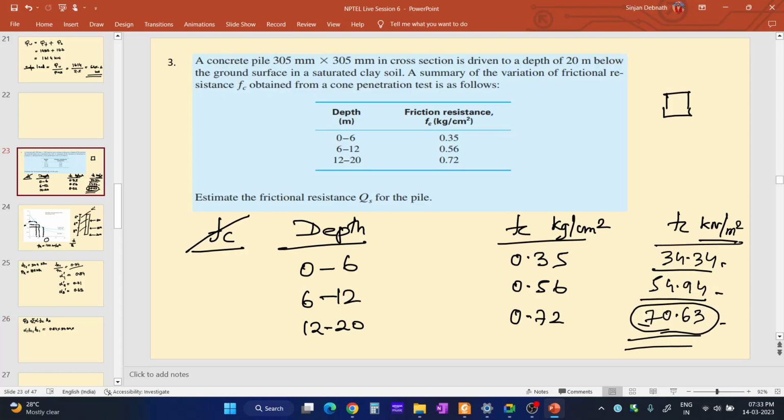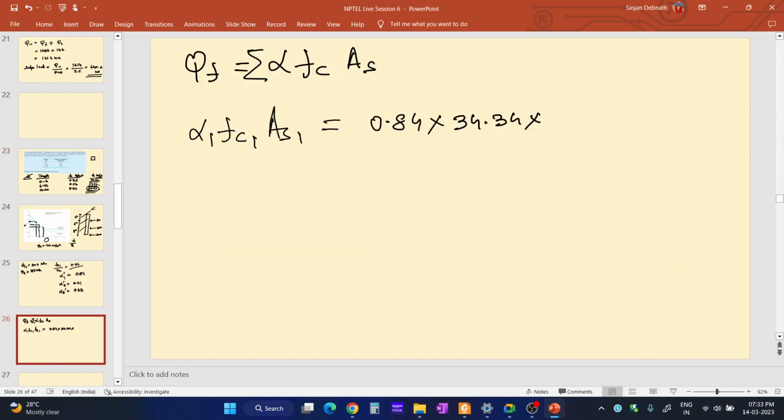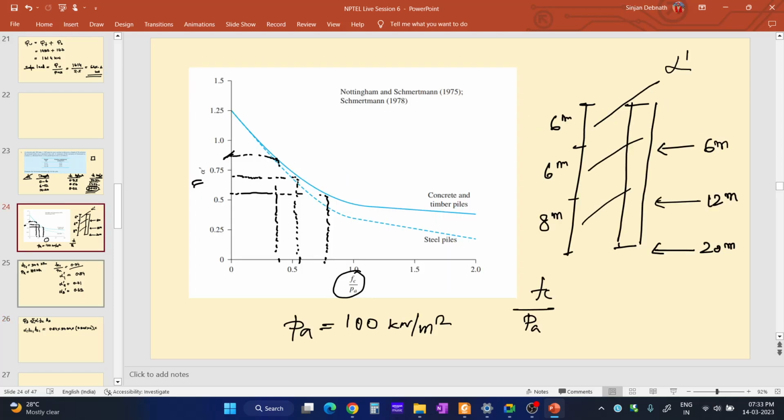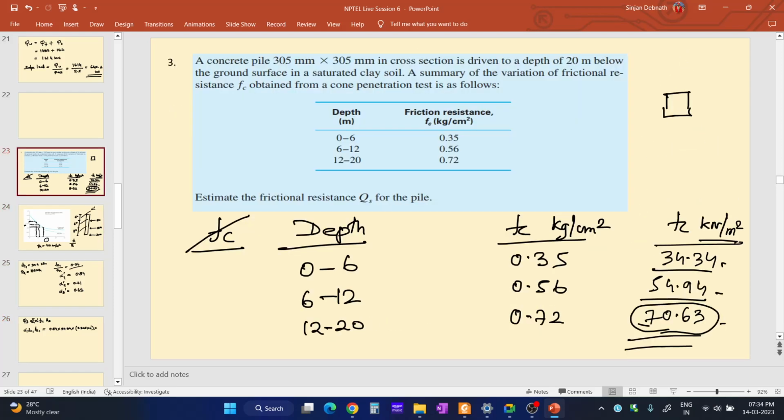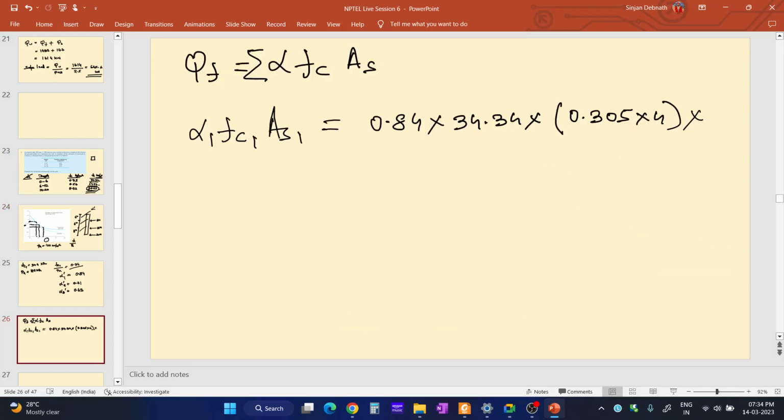Since this is a square pile, how much will be the perimeter? It is 4 into A, that is 0.305 into 4. And the length of the segment is 6 meters. So this is the value of alpha 1, FC1, AS1.